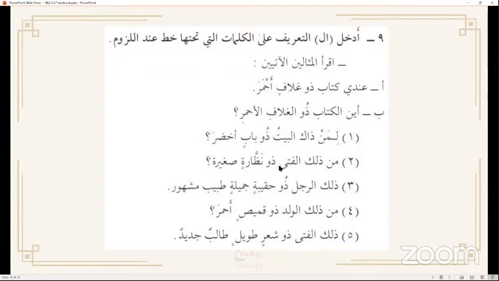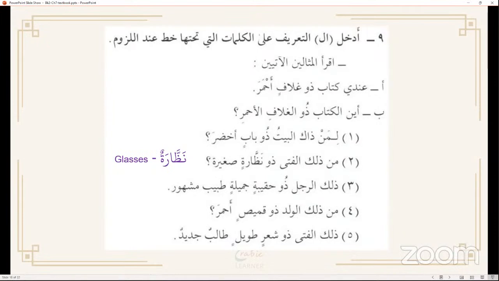Okay, number two. من ذلك الفتى ذو نظارة صغيرة. نظارة means glasses, the lenses that people wear on their eyes to see things. So من ذلك الفتى, who is that young fellow? What he's trying to say is, who's that young fellow with small lenses?